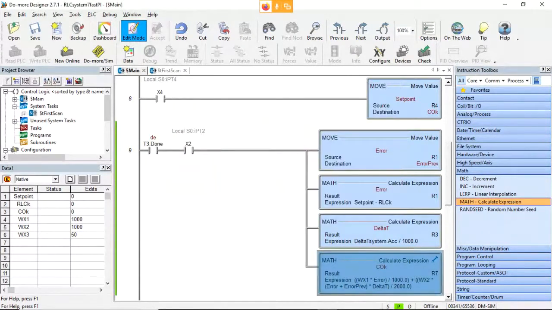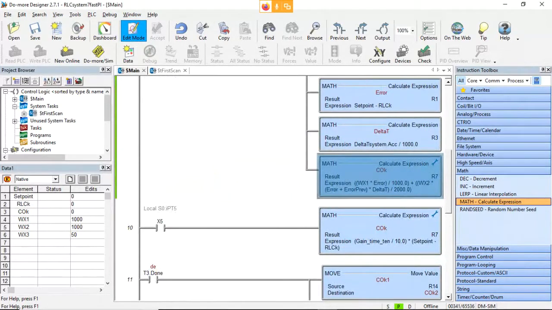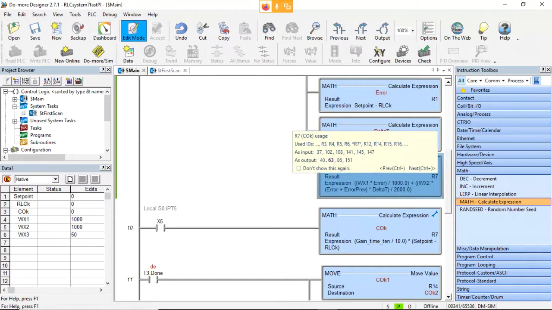So what I need to do is I need to add another calculation here. Okay, so I need to keep adding in my previous integral values. So I have to add up my error.